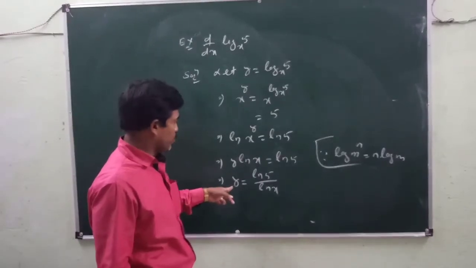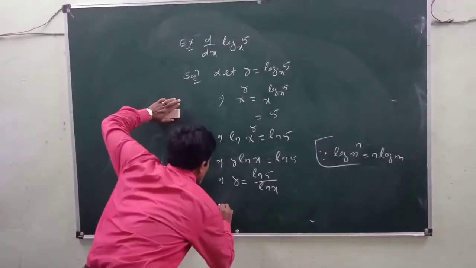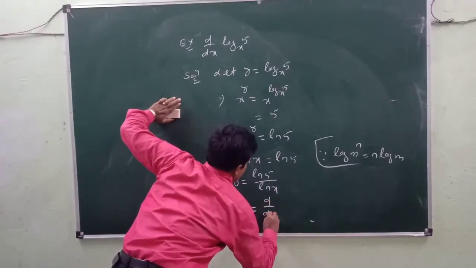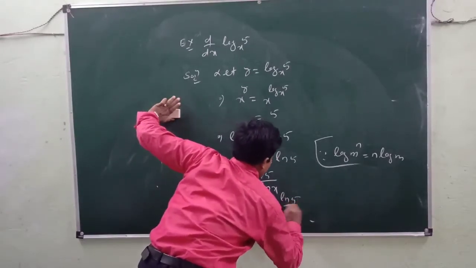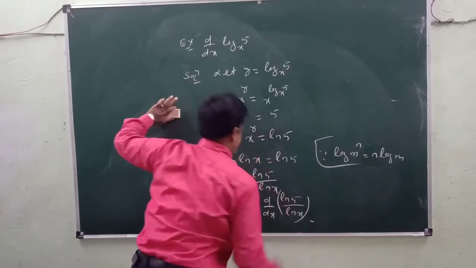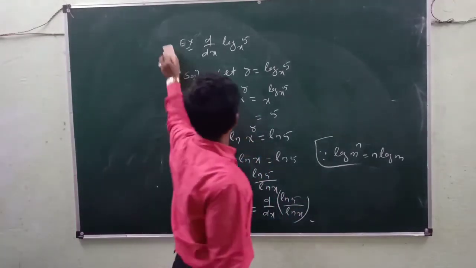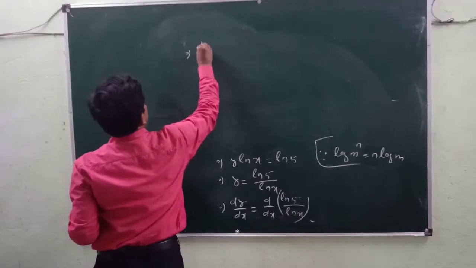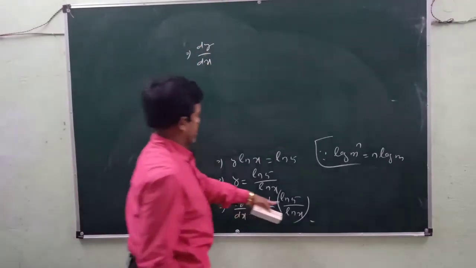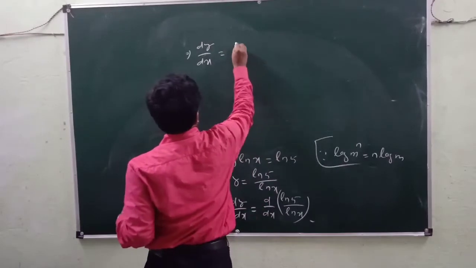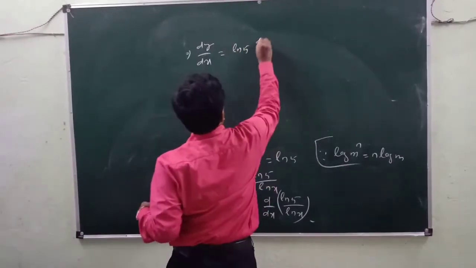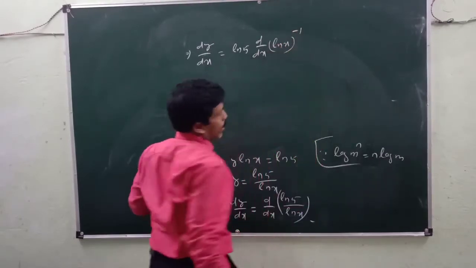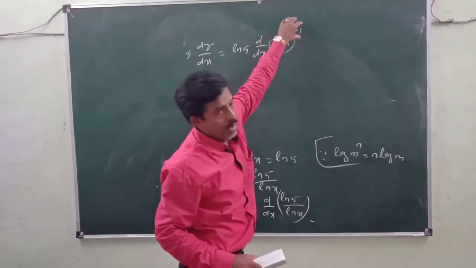That means you take the derivative with respect to x on both sides. So dy by dx equals d by dx of ln 5 by ln x. Here ln 5 is a constant, you take it outside of the derivative, then you find the derivative of ln x to the power minus 1. It is the formula for f of x to the power n.